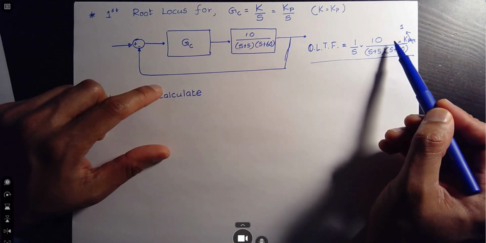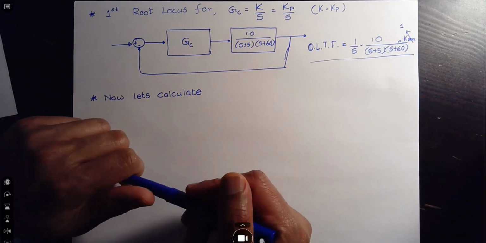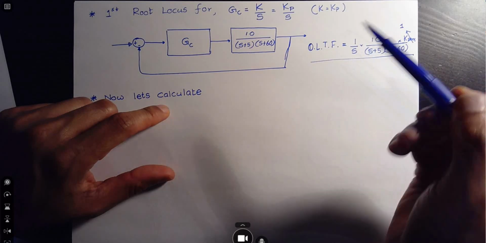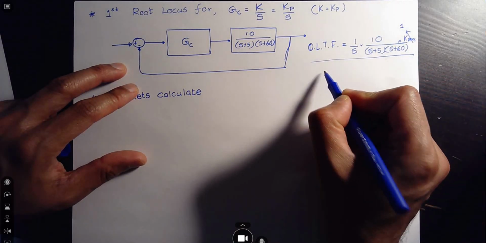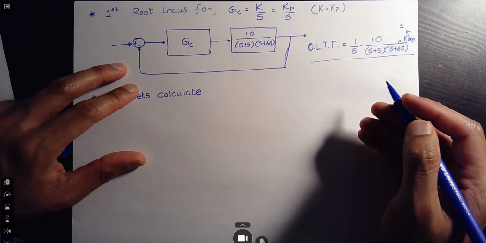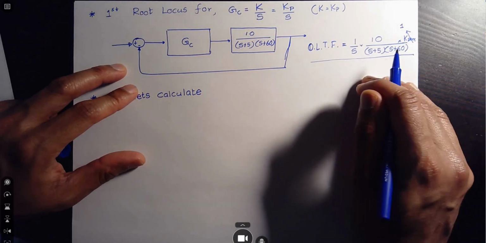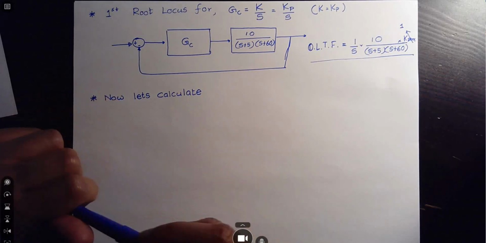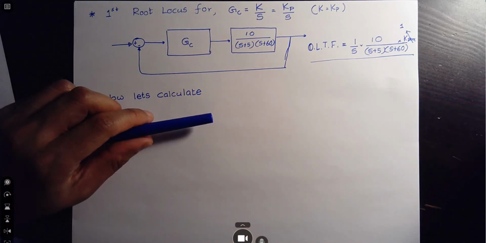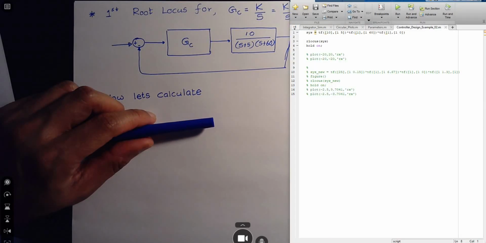So let's see what this root locus looks like, and then we can try to plot our desired system poles on the root locus and see where we are at. And then we can decide what to do next. So I'm going to switch to my code here.